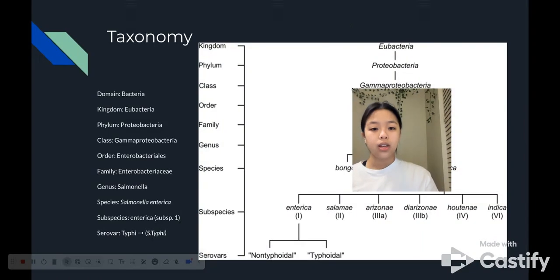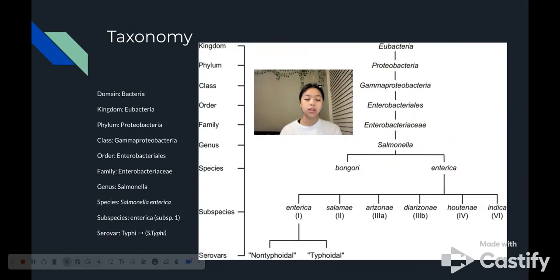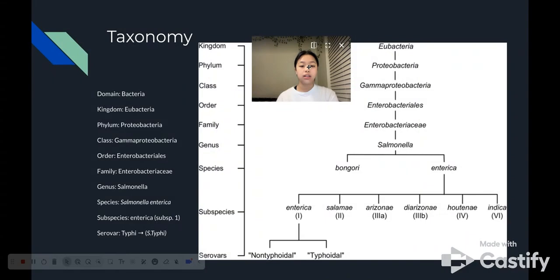Okay, so we have our taxonomy here, which is going to help me explain why S. Typhi is S. Typhi. As you can see, our genus is going to be Salmonella, and our species is enterica. But as we go into enterica, we see a bunch of subspecies. So what we're going to be focusing on is the subspecies of enterica. So Salmonella enterica.